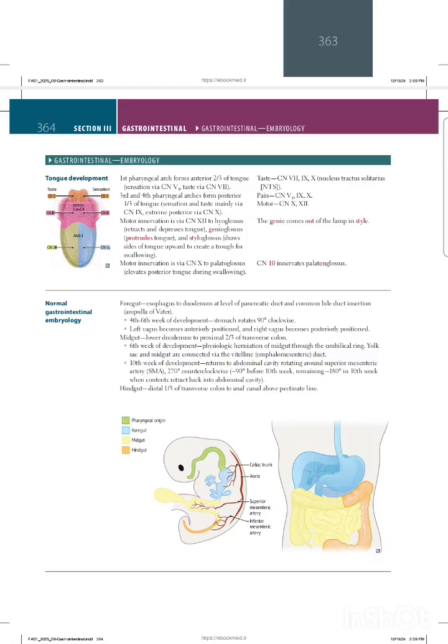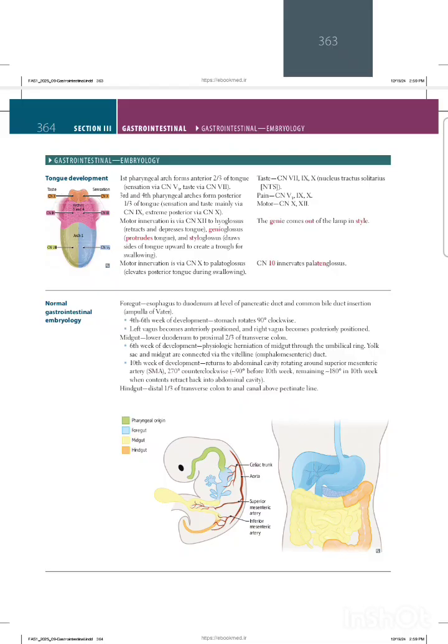Then you have to know that third and fourth pharyngeal arches make the posterior one-third part of the tongue, whose sensation and taste are with cranial nerve 9, and the extreme posterior parts are with cranial nerve 10.